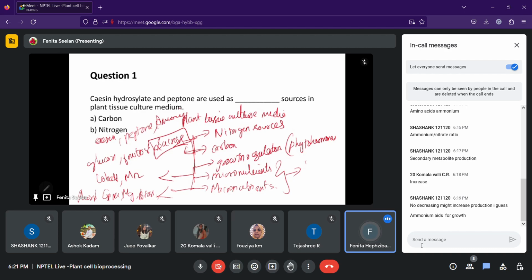So do you think, to get increased secondary metabolite production, we have to increase or decrease the ammonium to nitrate ratio? Decreasing, yes, we have to decrease it. So it will suppress the growth, and more metabolites inside the plant cells will be directed towards secondary metabolite production.